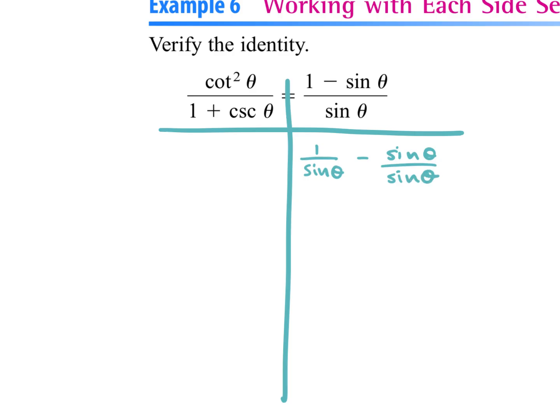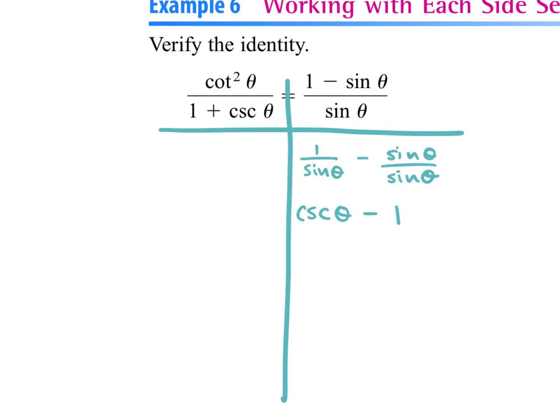What's 1 over sine? Cosecant. What's sine over sine? 1. So we got cosecant minus 1. Still not what we wanted. Still not at our goal yet. Any other ideas with the right side?